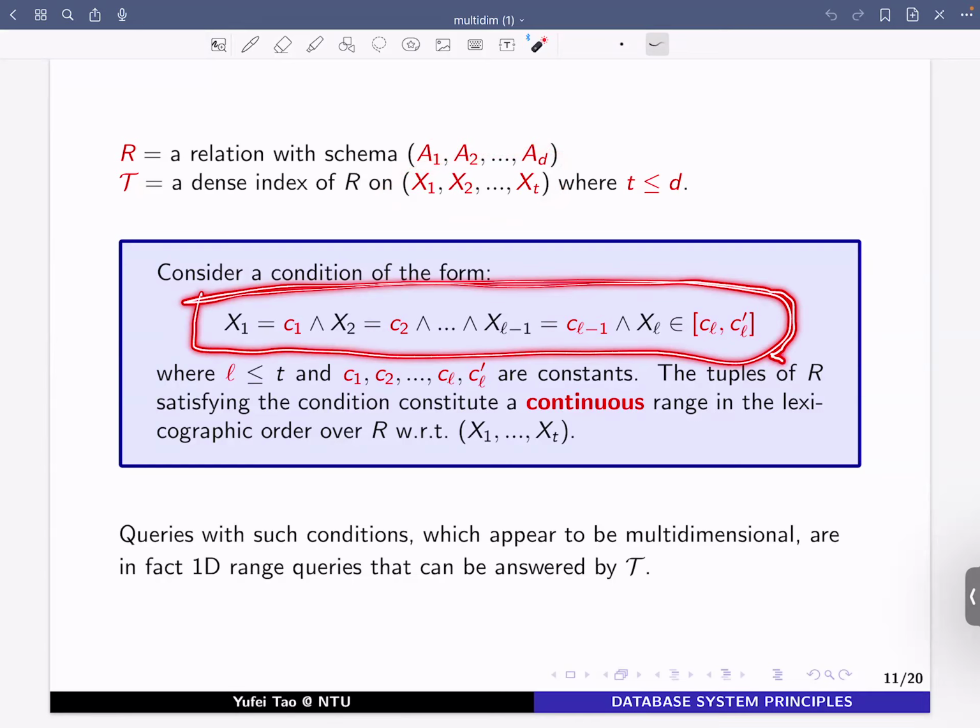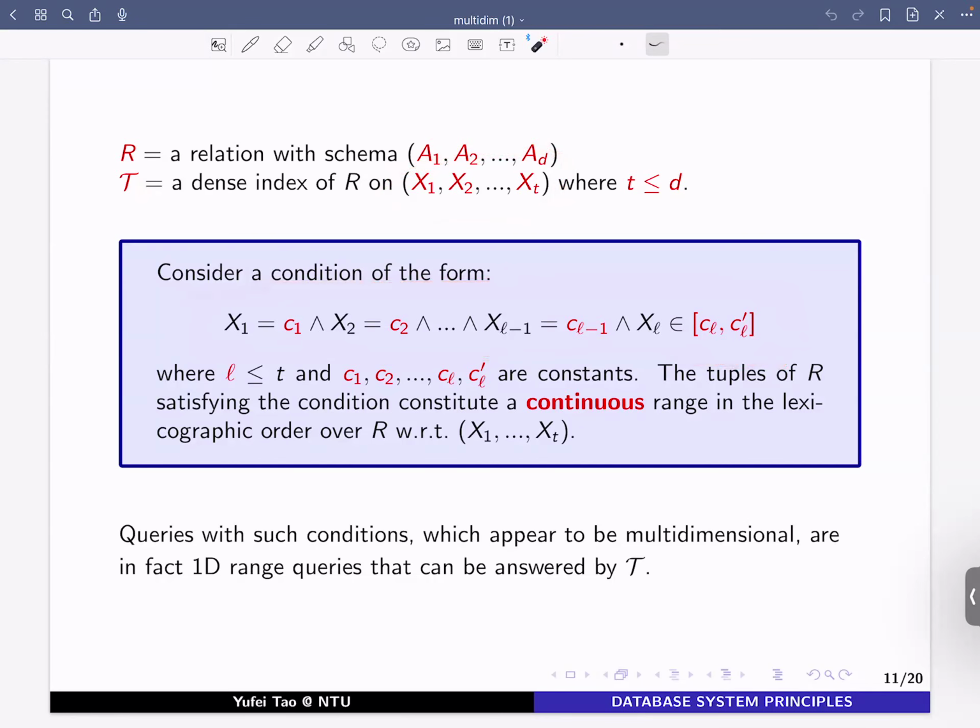Okay, so let me explain again. So here you see L attributes, x1, x2 to xl. And you have one condition on every attribute here, so it appears to be multidimensional, right? However, this kind of condition is peculiar in the following way. Look. First of all, you can see x1 appears here, x2 appears here, and so on to xl, right?